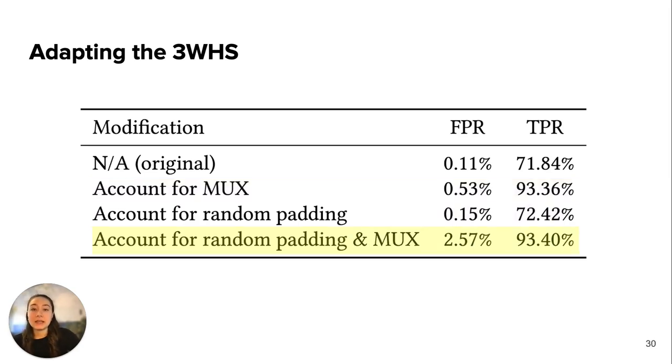But adapting the heuristic to account for both multiplexing and random padding does increase the false positive rate by an order of magnitude. So if both are used, this would likely be enough to obscure the handshake from simple detection heuristics like ours.